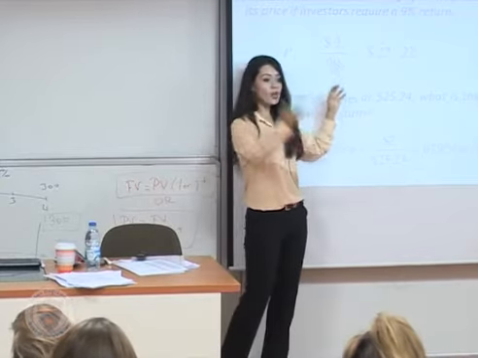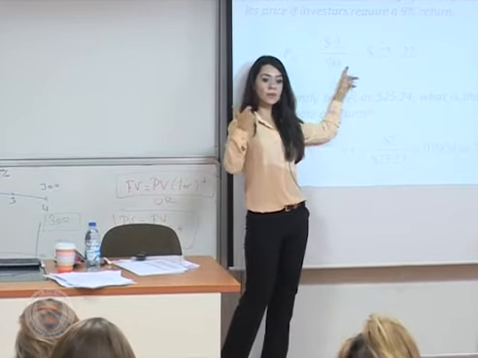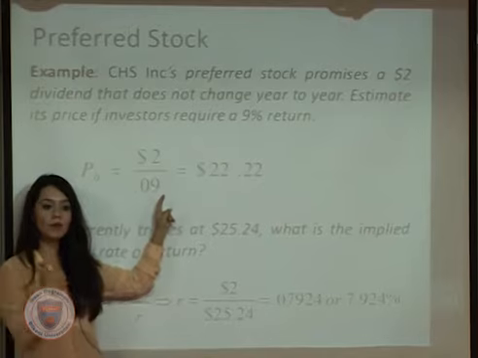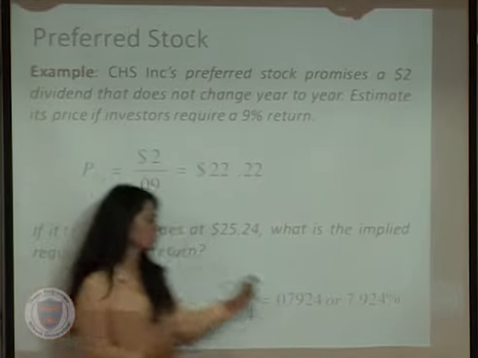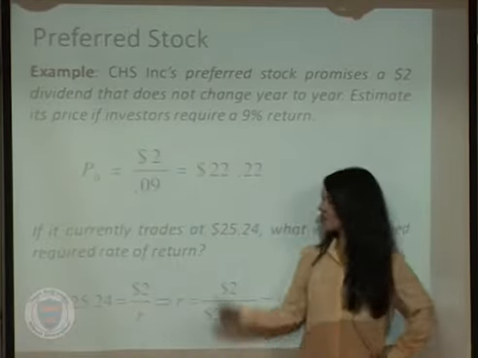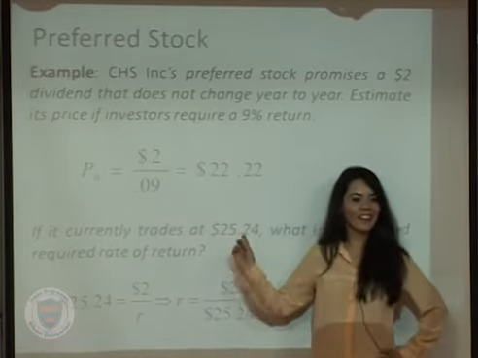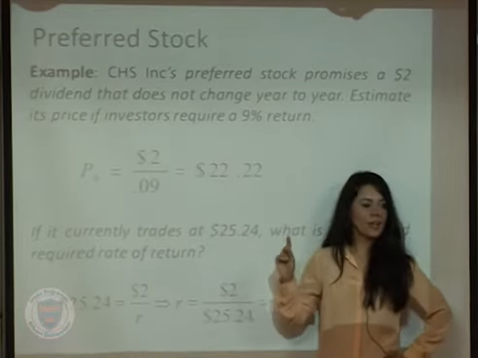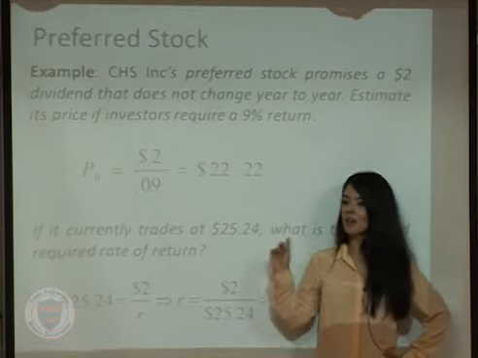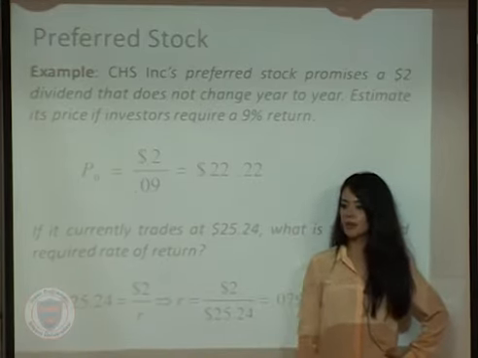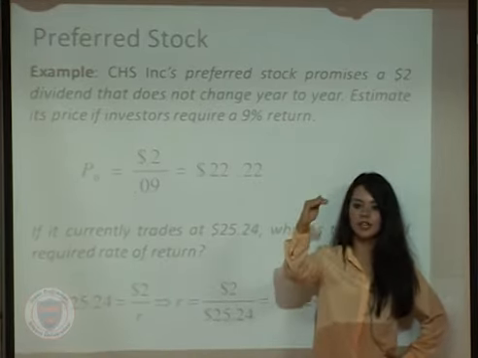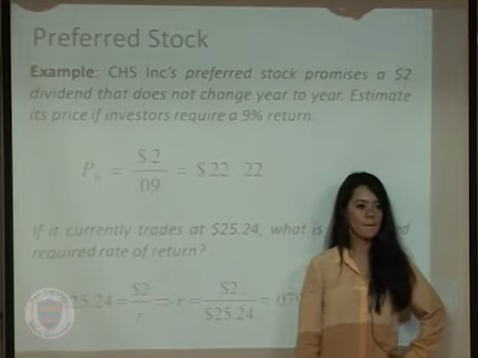So when you calculated the price in your estimations, you said my required rate of return is 9%. So if the price is 25, then what do you expect from the implied rate of return? Should it be higher than 9%, lower than 9%?